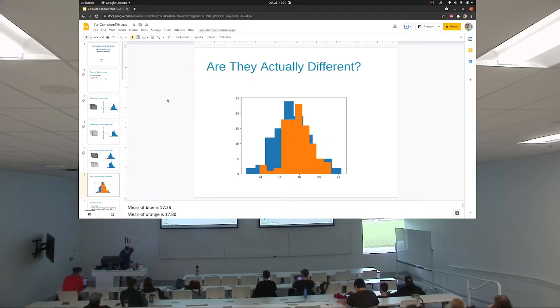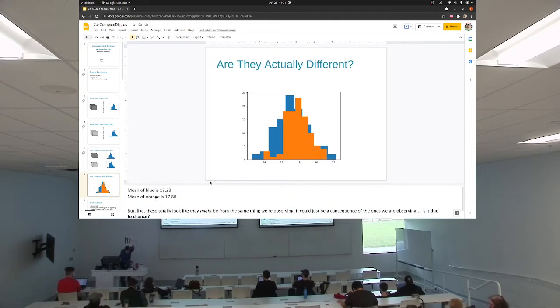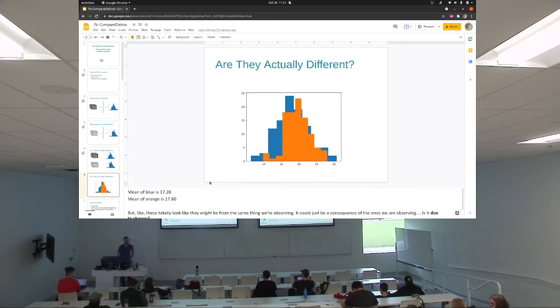They are similar-ish, but also a little different-ish. In fact, if you look at the mean value of the blue, we see 17.28, and the mean value of the orange distribution is 17.8. So there's a difference in their means. There's a difference of 0.52, right?